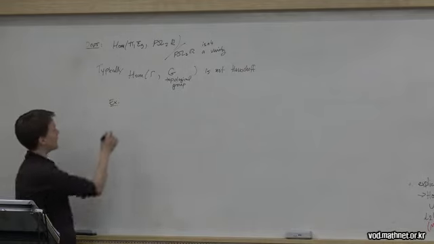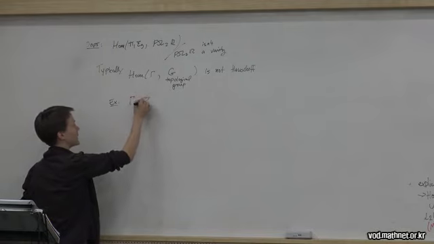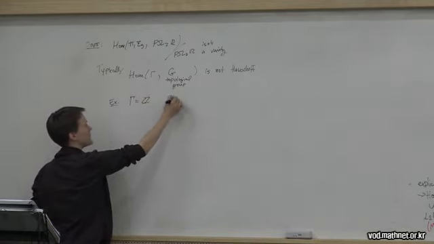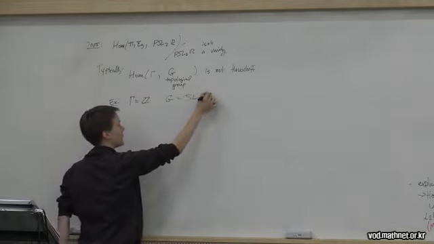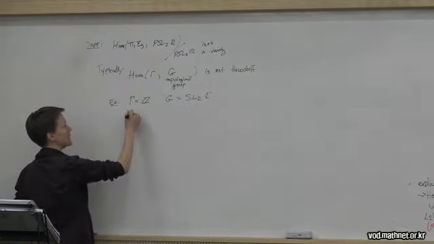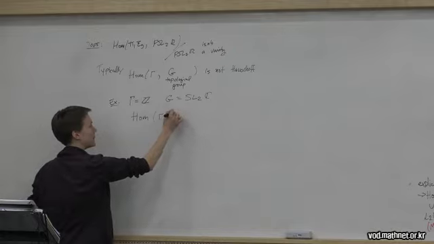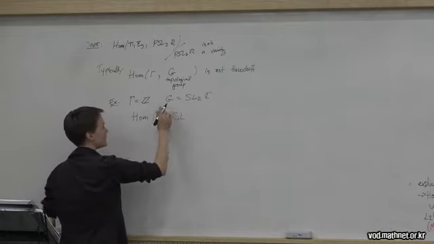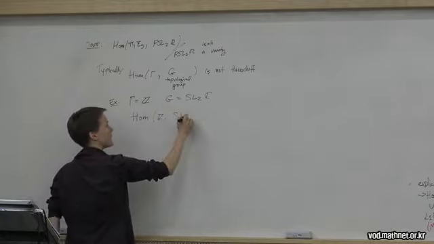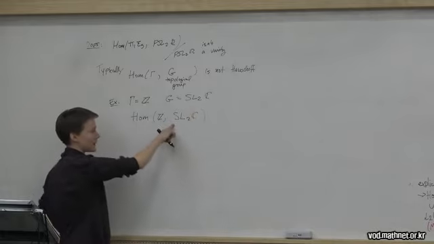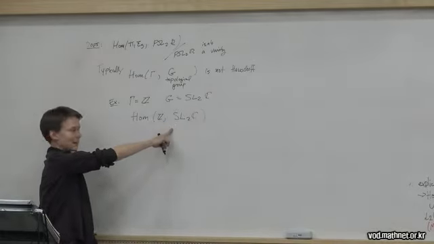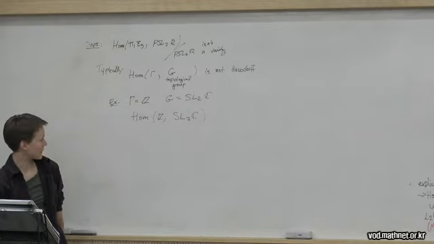Let's take gamma to be an infinite cyclic group and G to be SL2C. Because now it's really easy for me to see what is Hom(gamma, G), or Hom(Z, SL2C). That's just SL2C, right? I just have to specify the image of a generator.